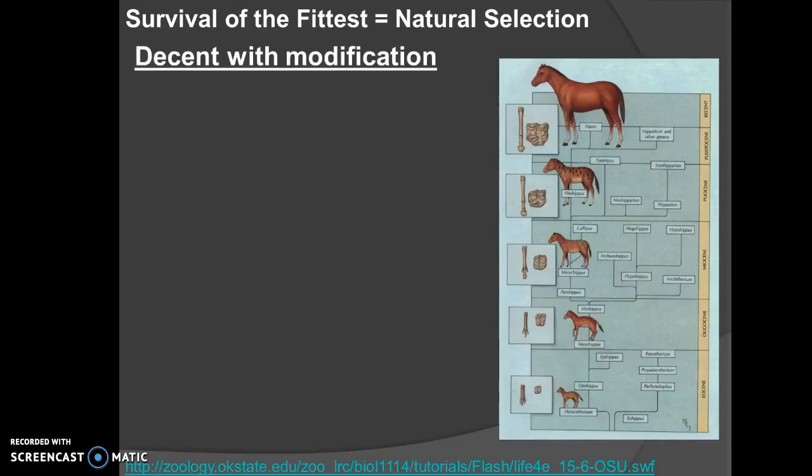Descent with modification is a phrase that means that when you look at species today, especially species that are closely related or resemble one another, looking at several lines of evidence, fossil, embryology, all of those things, you can actually stem that back to a common ancestor. Sometimes you'll see these trees.